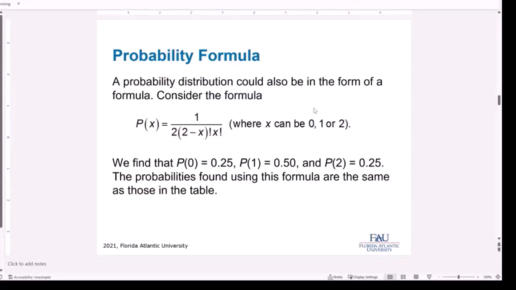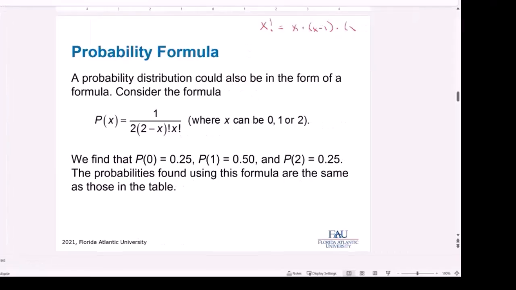Factorial is the exclamation point. What factorial means is x factorial is equal to x times x minus 1 times x minus 2, and it's going to go all the way down to times 2 times 1.